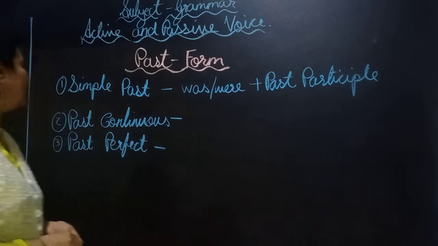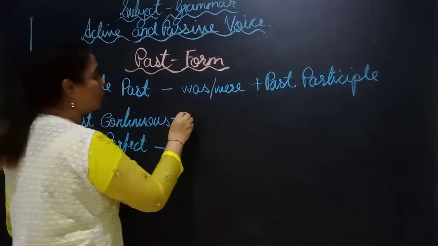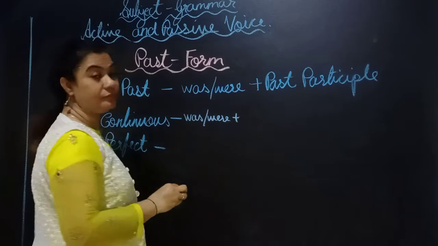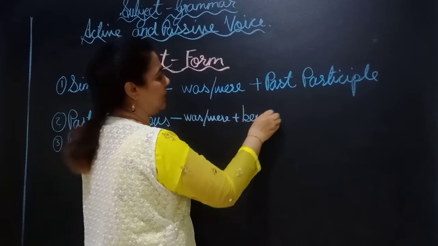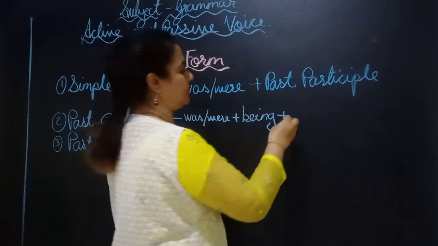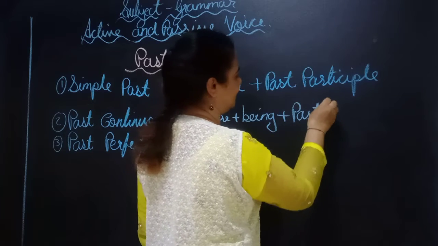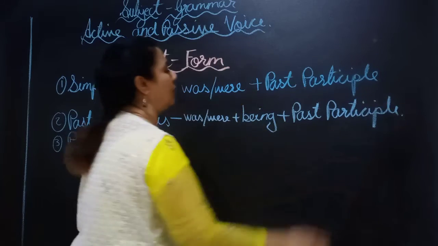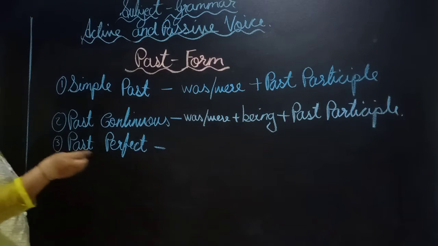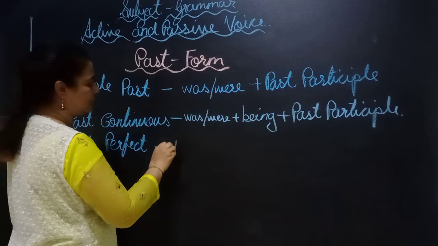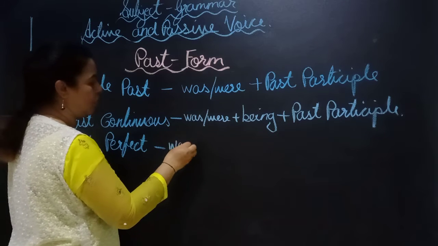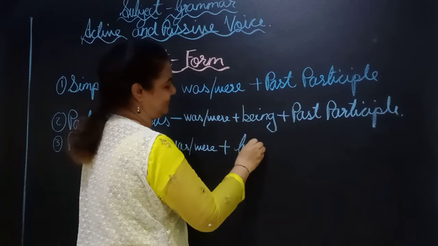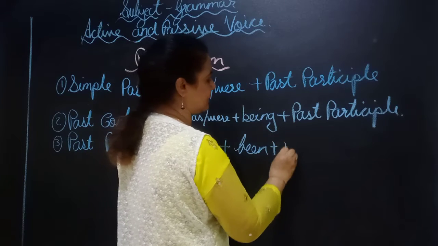Now in the past continuous you are going to have was or were plus being plus past participle. Right? Okay. Then for past perfect you will need again was or were plus being plus past participle.